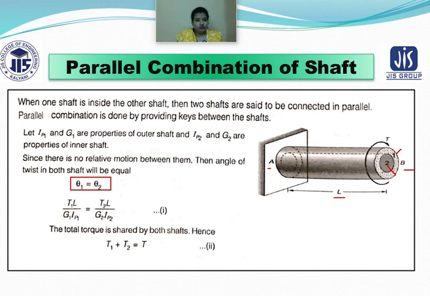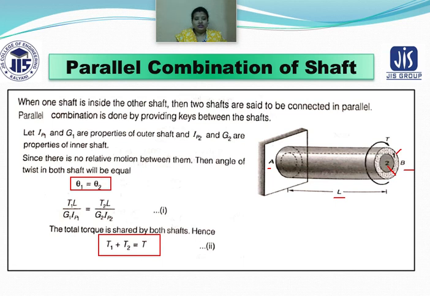Now theta 2, the angle of twist for shaft 2, is T2 into L by G2 into IP2. If I ask you what is the total torque shared by both the shafts, then you must say T1 plus T2 is equal to T.